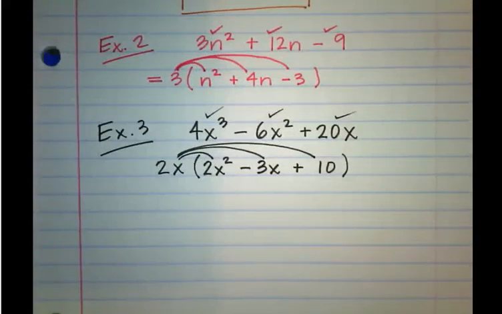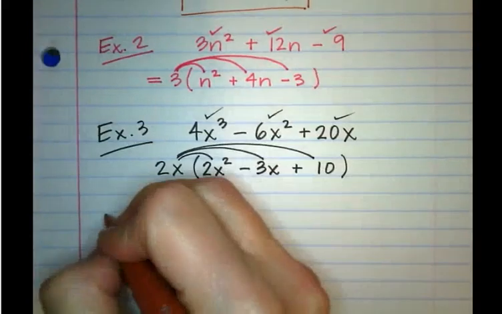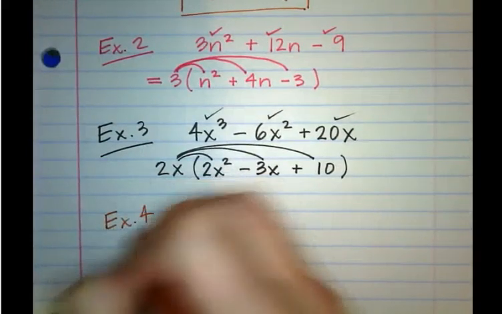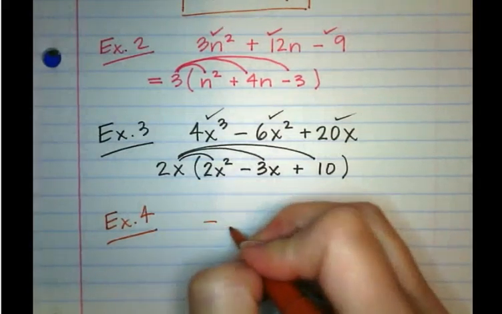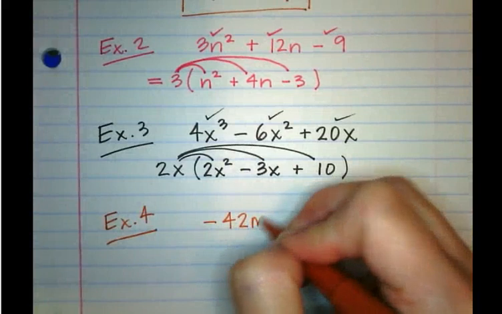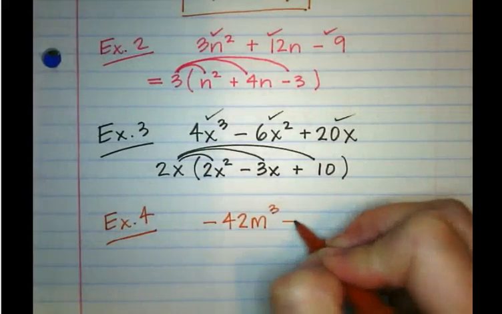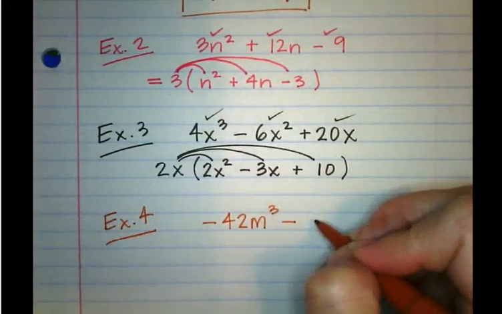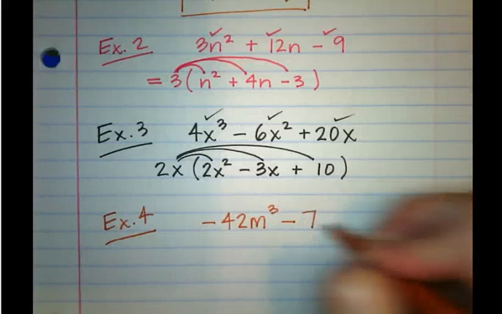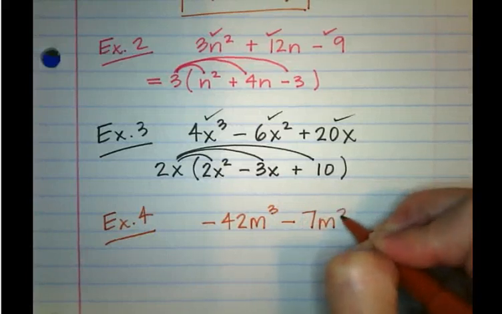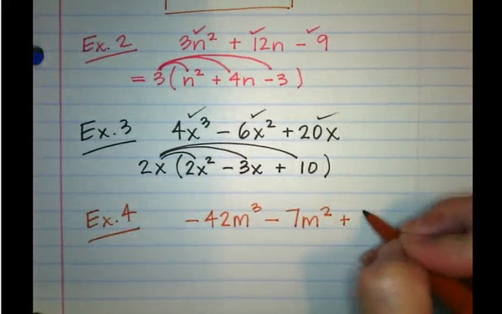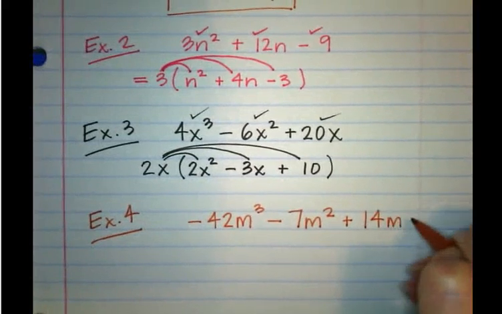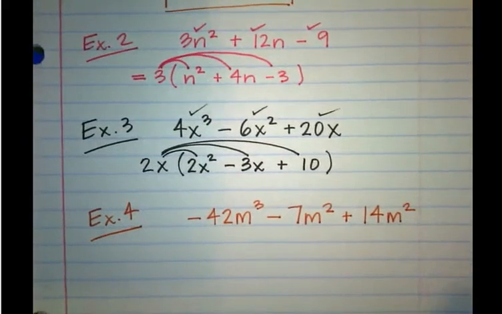All right. It is also possible to have a negative as your GCF. So, let's say we had negative 42m cubed minus, we'll do negative 7m squared plus, we'll say 14m squared also.